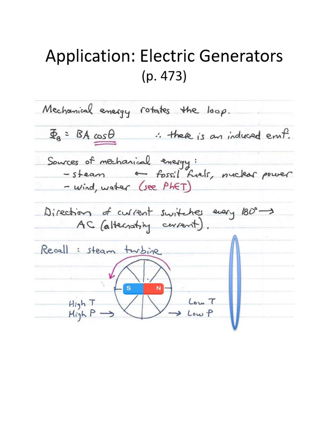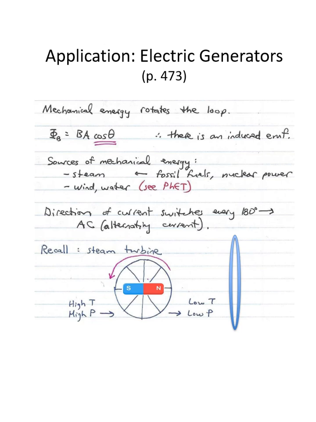The idea behind a generator is that mechanical energy rotates a loop that's in a uniform magnetic field. Now, down at the bottom, my drawing is a little bit different. In this case, it's a loop that's sitting still and the magnet itself is rotating.